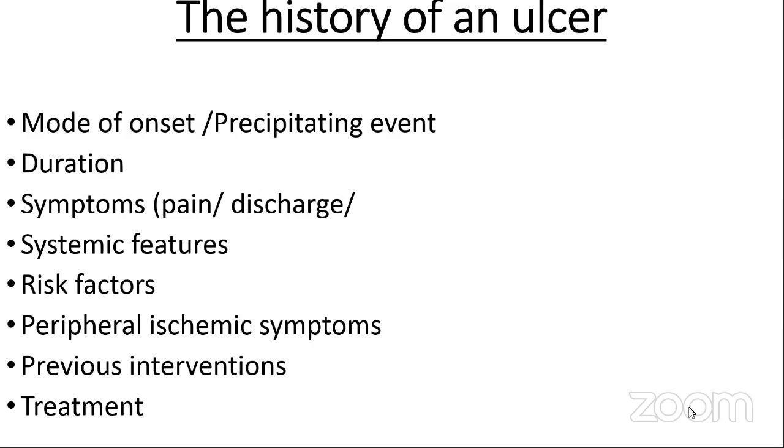And in varicose veins, whether they have undergone any surgery, whether they had any treatment for deep venous thrombosis, all these should be taken in the history about treatment of this ulcer. Whether they have received any antibiotics, is there any discharge, whether it is purulent discharge, smelling bad, all these things should be elicited in the history of the ulcer.